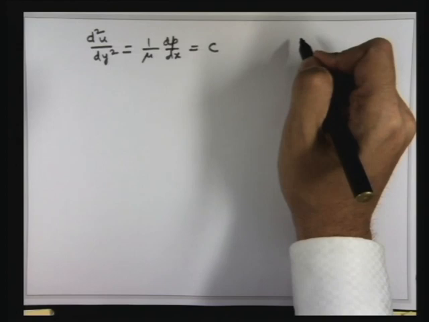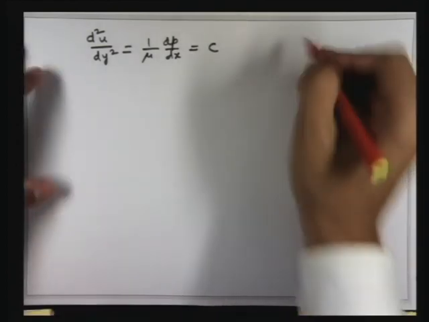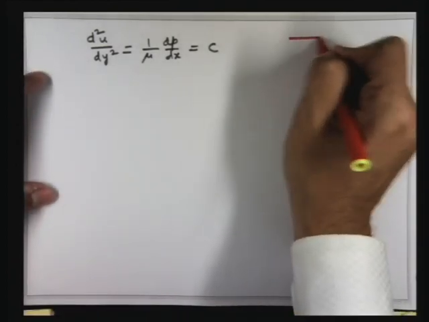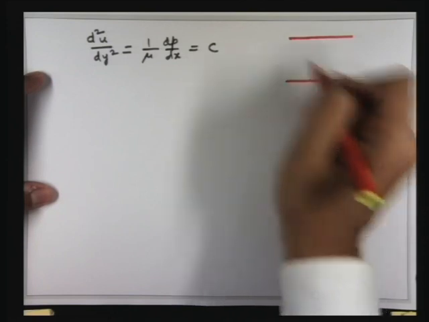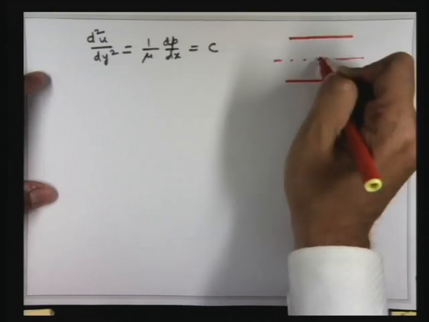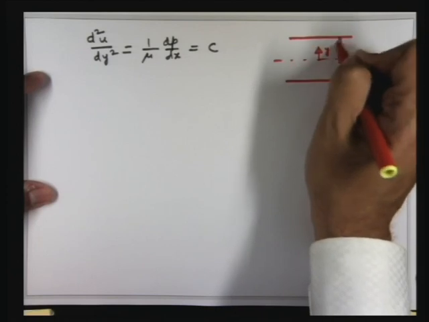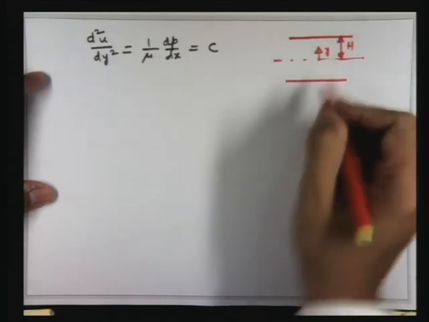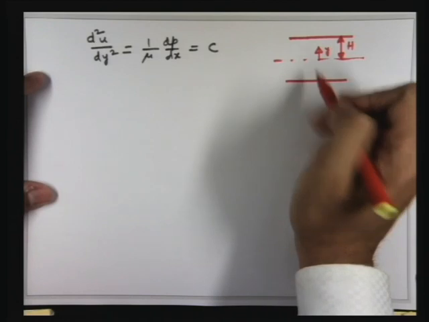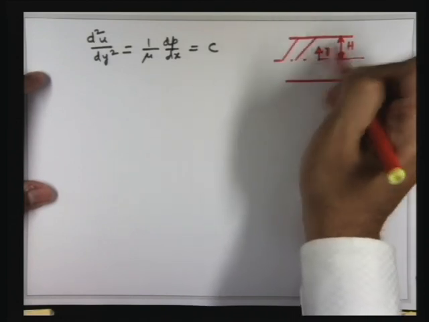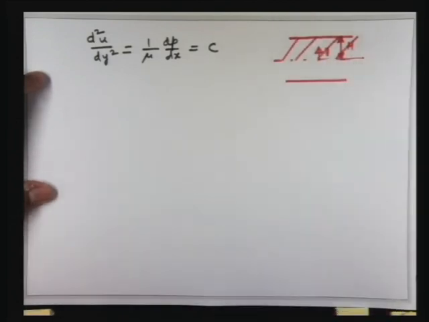Let us draw the schematic of the problem in association with this. This is the top plate, this is the bottom plate, this is our y axis, this is h. Because of the symmetry of the problem, we can solve only one half of the problem. The velocity profile in the other half will be just symmetrical to that.